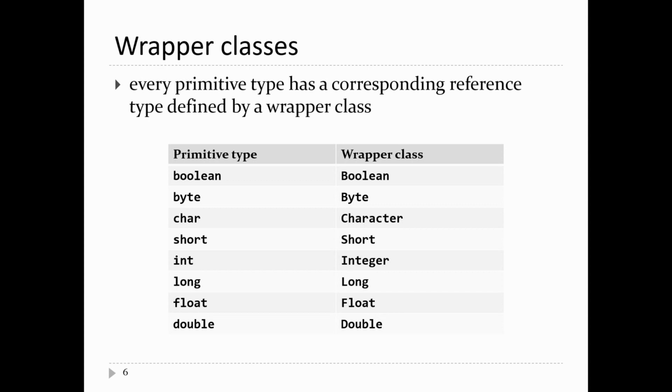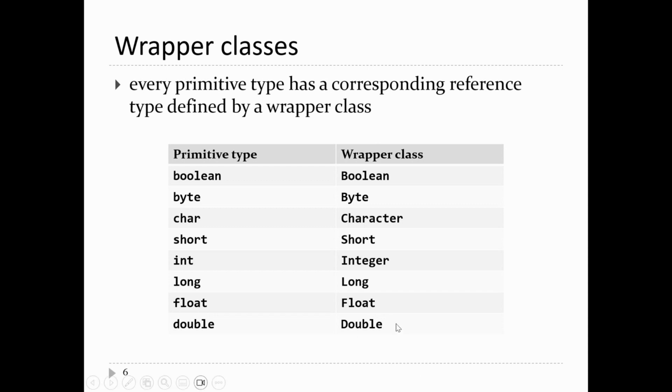It holds information about the type int, but it also serves as the wrapper class for the primitive type int. Notice that char, its wrapper type is Character. Int, its wrapper type is Integer. The other ones all match, except for the first letter.